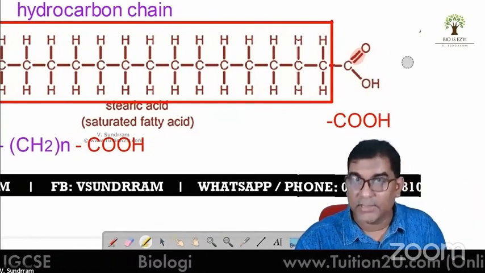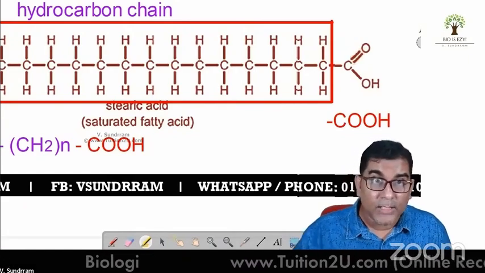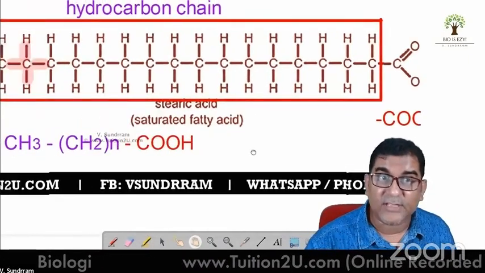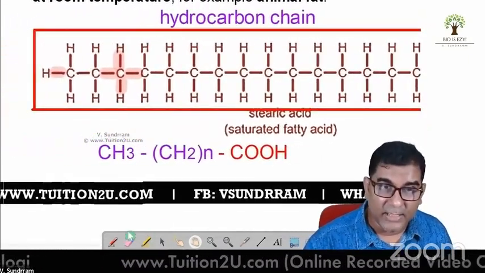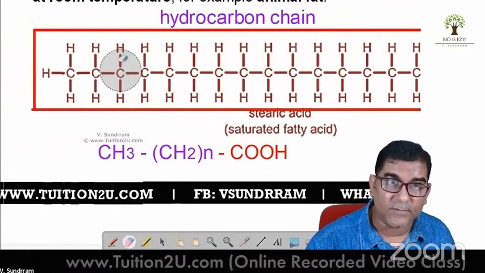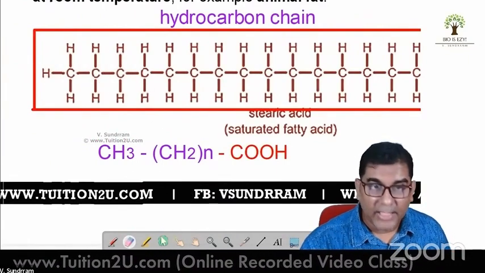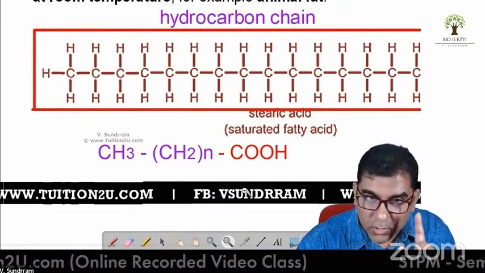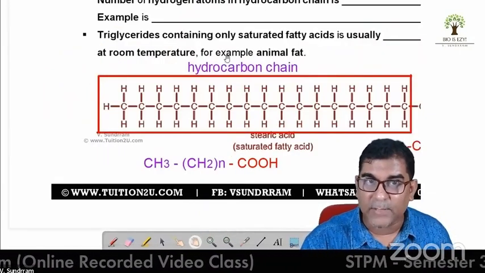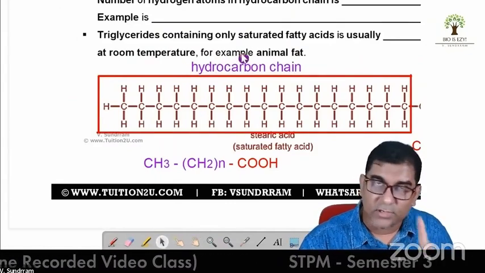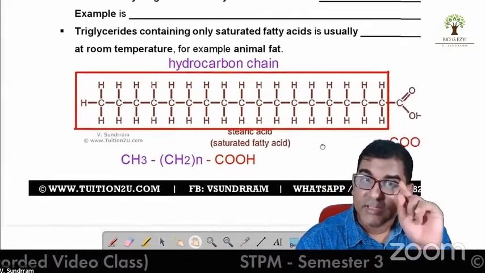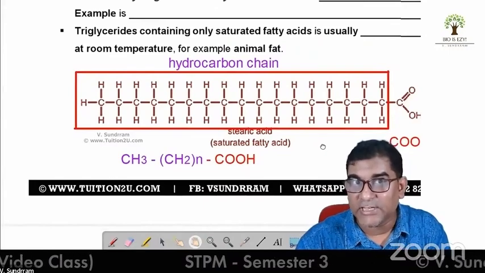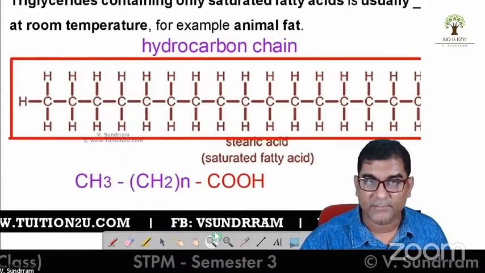Yes, you already learned this in Form 5. So, if the carbon has 4 covalent bonds, every one of them is a single covalent bond. We look only inside the hydrocarbon chain, between the carbon atoms.